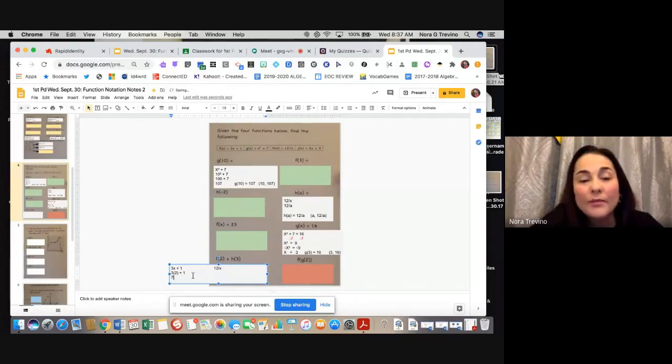And here they're telling you to input a what? I have 3, on h of 3. Who are you inputting in the function h?